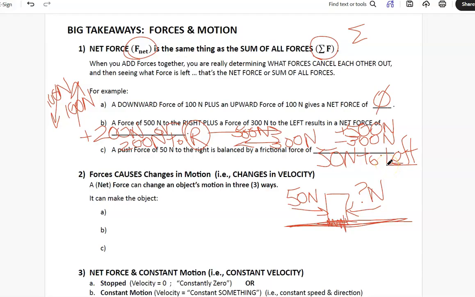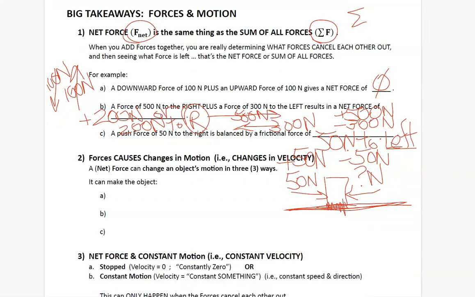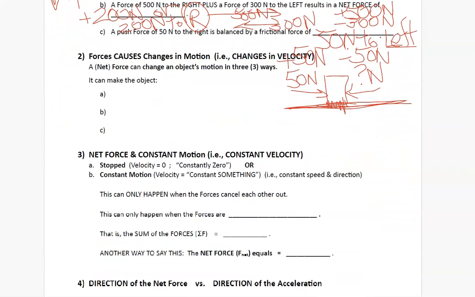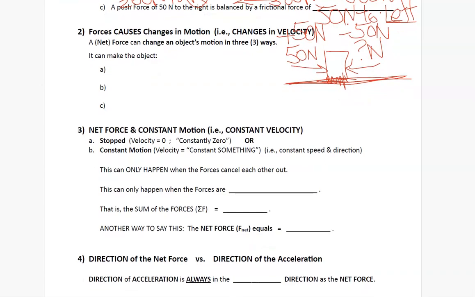And we can think of this as a positive 50 Newton force balanced by a negative 50 Newton force. Okay, so if we look at number 2 here, it says forces cause changes in motion, which really means changes in velocity. A net force, meaning we add up all the forces, whatever's left that hasn't been canceled, can change an object's motion in 3 ways.